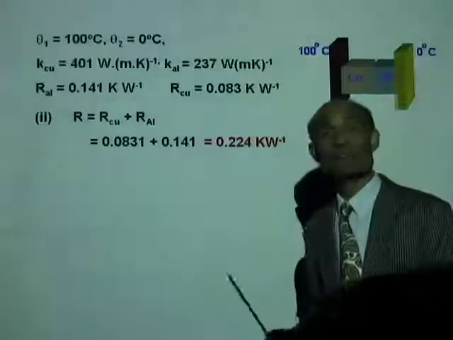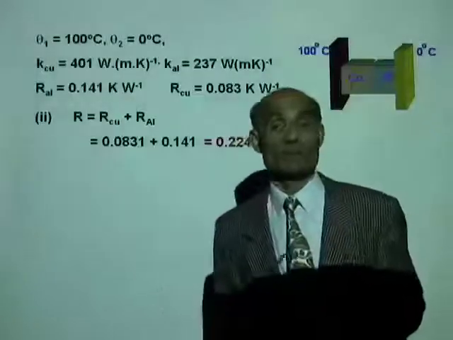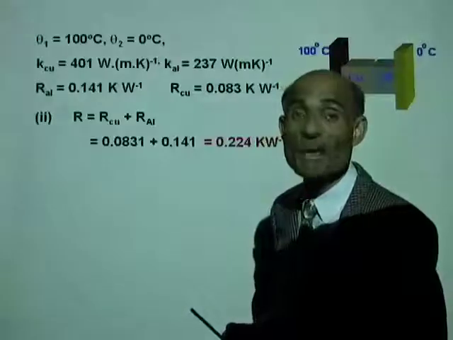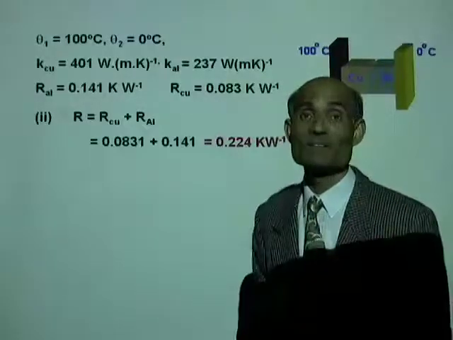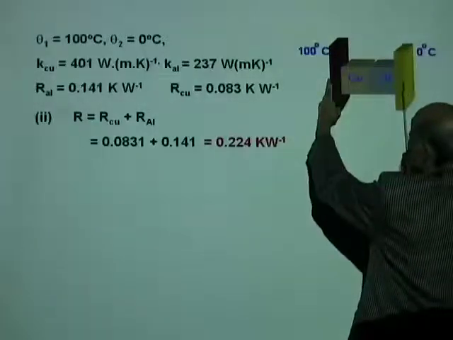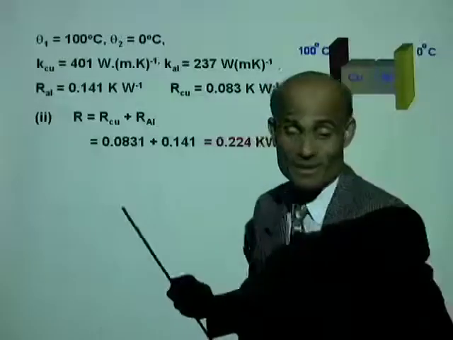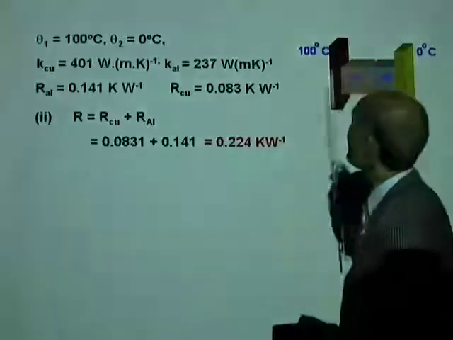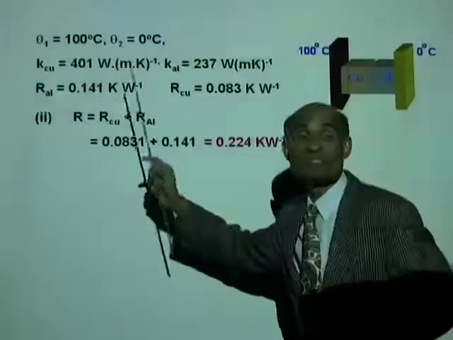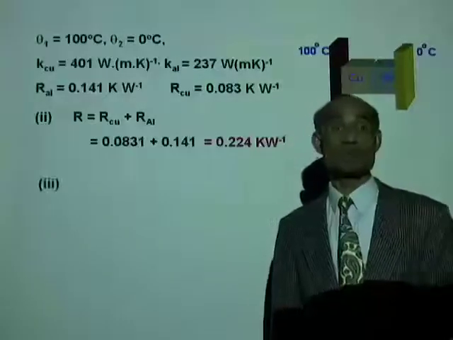Well, can you now use this to find the thermal current? What is the equation that will help you to find the thermal current? Well, we know delta theta, the temperature difference, equal to I times R. You know the temperature difference, you know the thermal resistance, therefore we can find the thermal current.